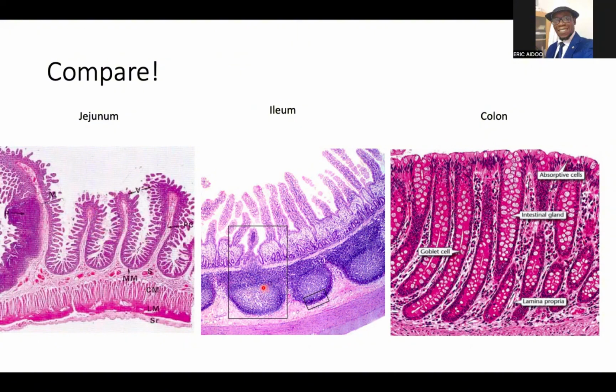Then remember for ileum, you have a lot of lymphoid nodules. Then for colon, they don't have villi, only crypts. But these ones have villi. So you can see that it is going up, and they also have plicae with a submucosal core, unlike that one. And also the colon has a lot of goblet cells. I have to add that. Very, very enormous goblet cells.